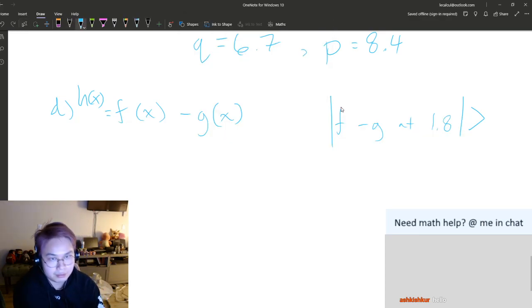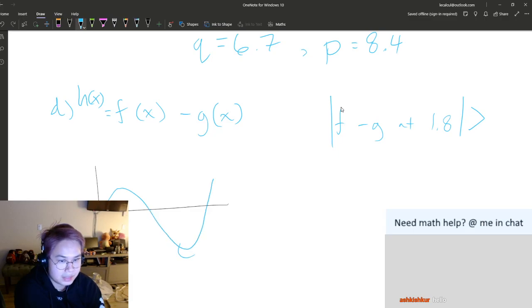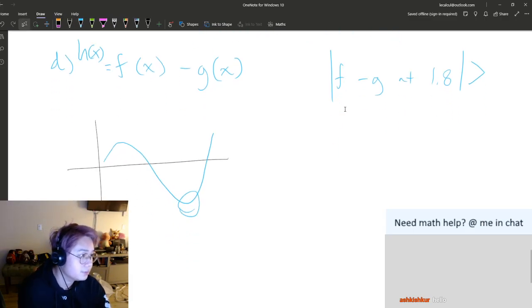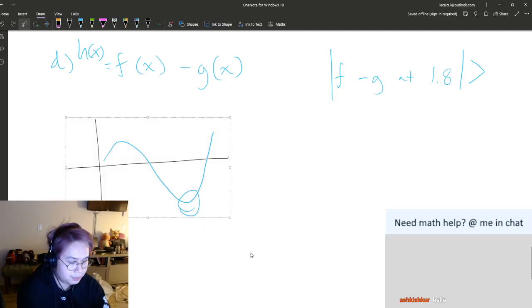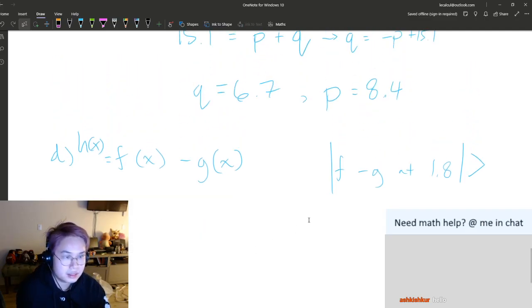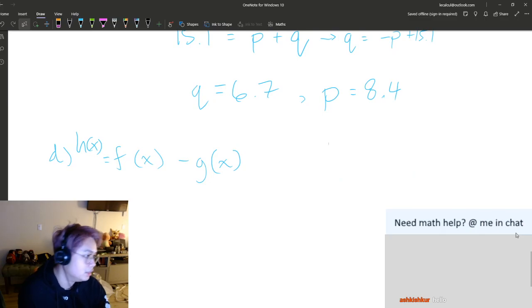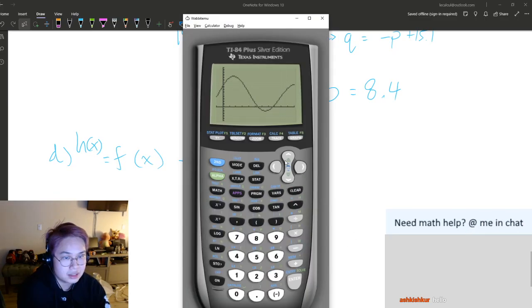So if you did have a hypothetical graph where the difference was like this, this is the greatest difference. It's negative, but that's fine. We're looking at the absolute value. But regardless, no need for calculus because we can calculate this using our functions. Second calc, maximum. And then we go to the left.